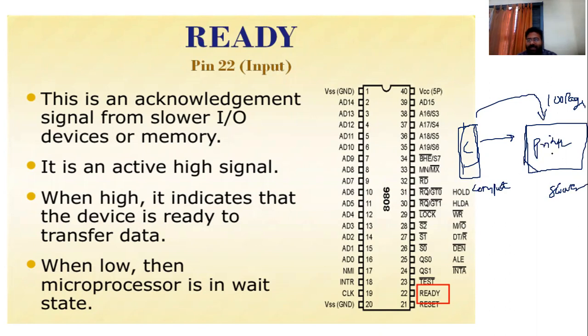So what it can do here is, the printer is ready to print the pages, and the printer sends the information to the CPU: I am ready to print. Suppose you are giving the command to print 100 pages.